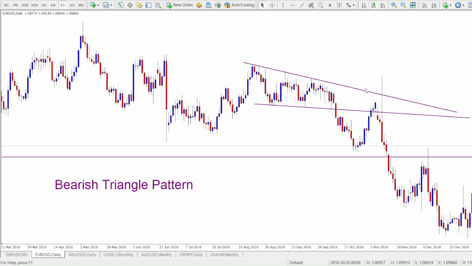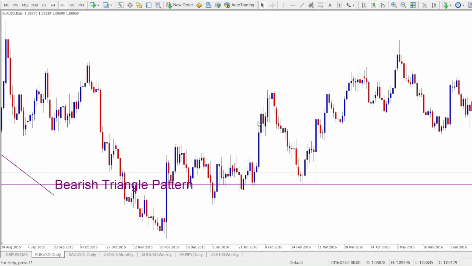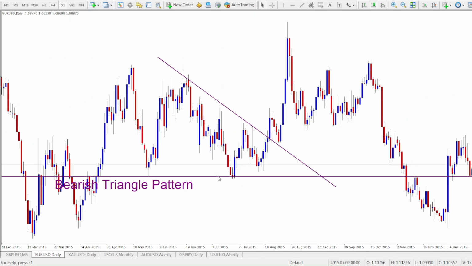So when you are looking to identify a bearish triangle pattern, the very first thing you should be looking at is those converging trend lines, or basically those converging lines. The reason why I said converging lines may not necessarily be trend lines is because it could be a horizontal support line.